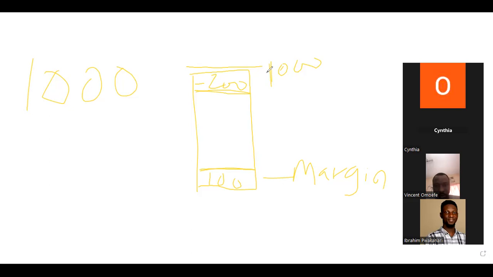If I lose 200, can somebody type out what will be the equity before I continue? Anybody? 800. Thank you very much.